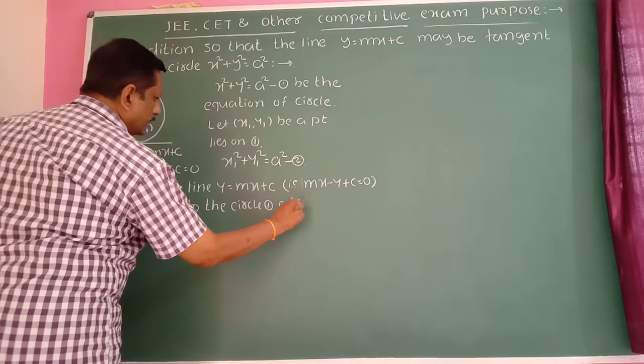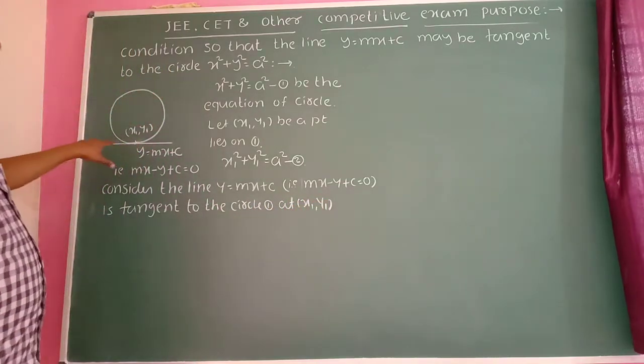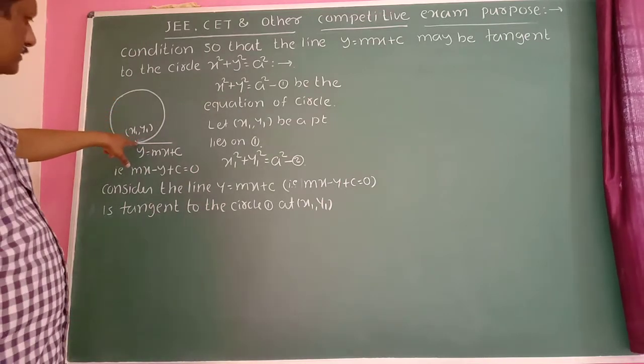At the point (x1, y1), here is a line tangent to the circle at (x1, y1).